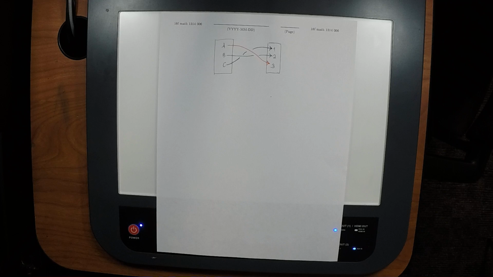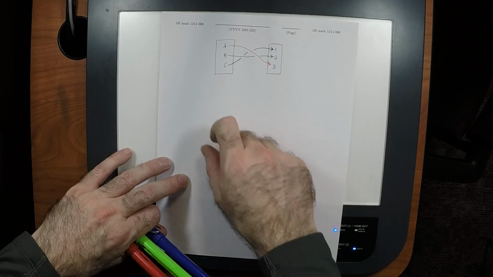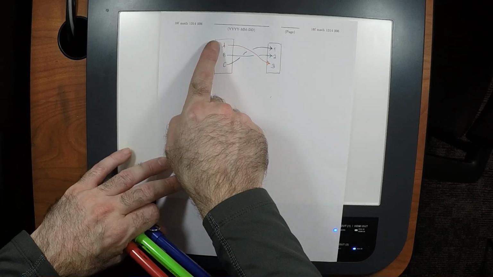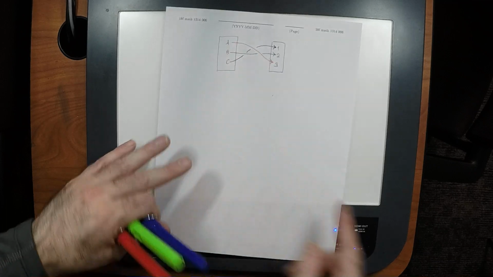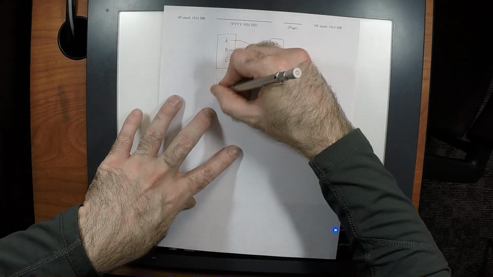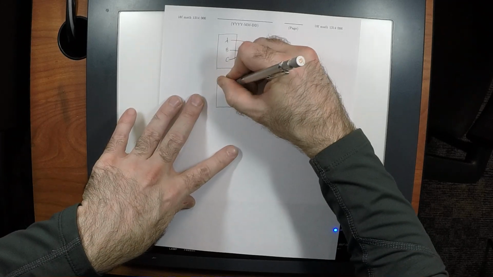So, is it a function? Okay, why is it a function? It's a function because there's only 1 arrow leaving each. Right. 1 arrow leaving A, 1 leaving B, 1 leaving C. Okay. So now copy it, make a new version of it, but make the arrows point the other way.